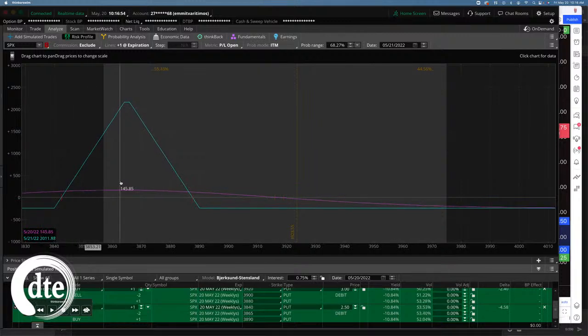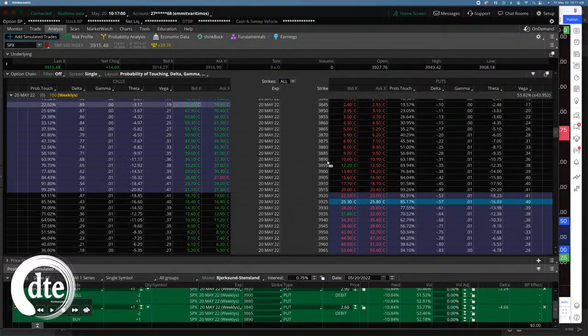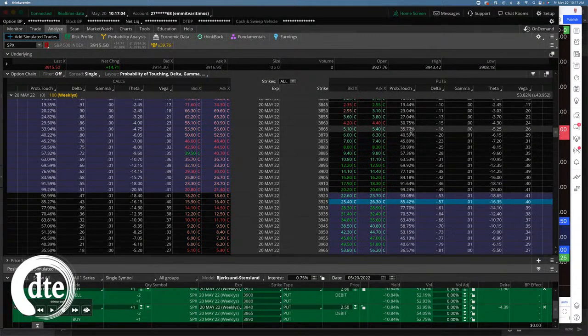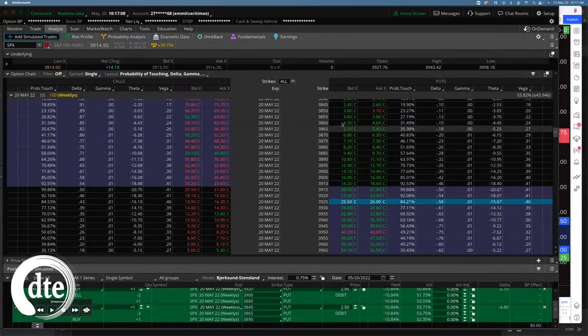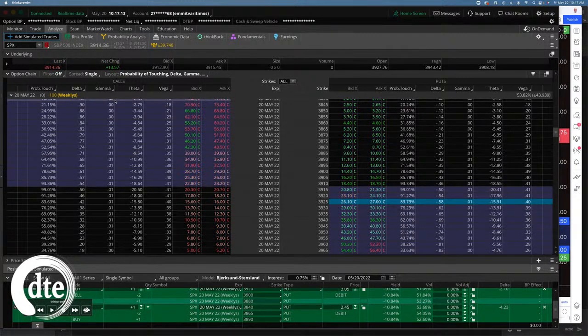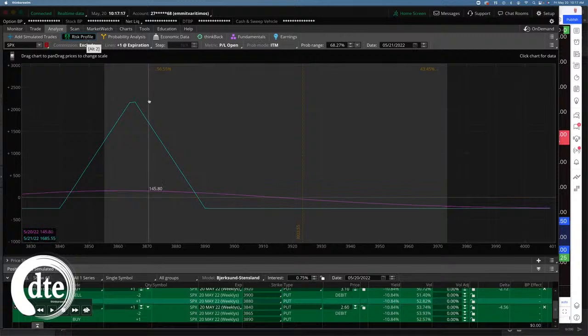Not bad odds. To get to the center strike, let's go back to the chain, 38.65, still about a 35-40% chance to get to the center strike. Obviously getting there right now is probably not a proposition, but getting there right now would get you about $150.